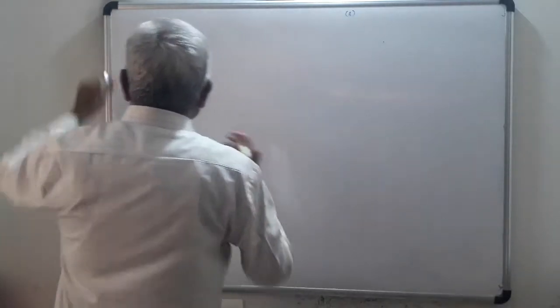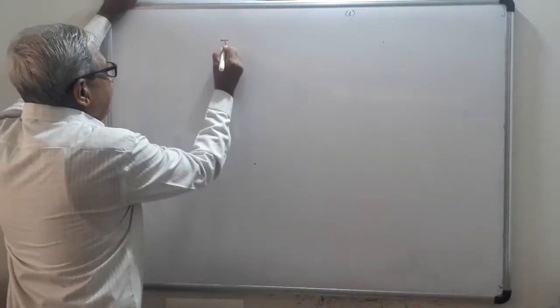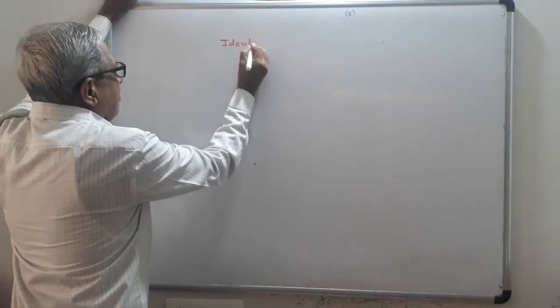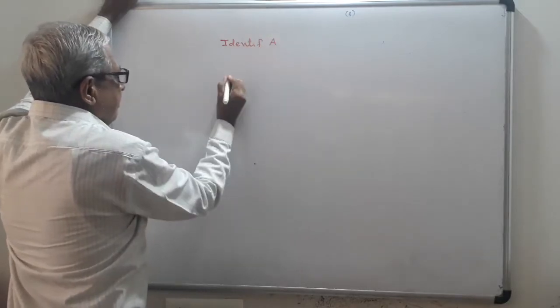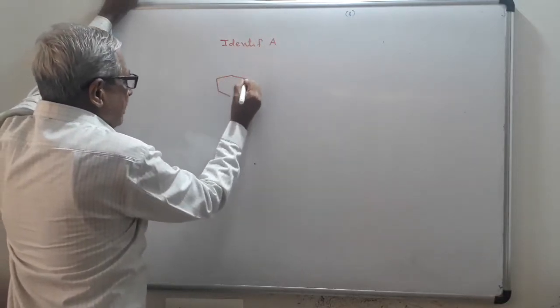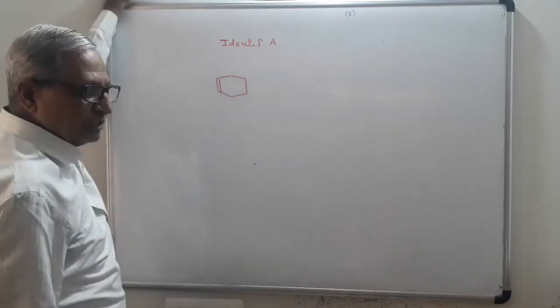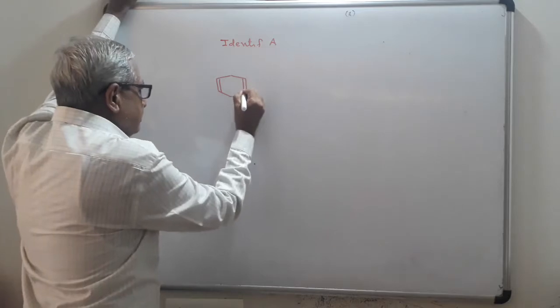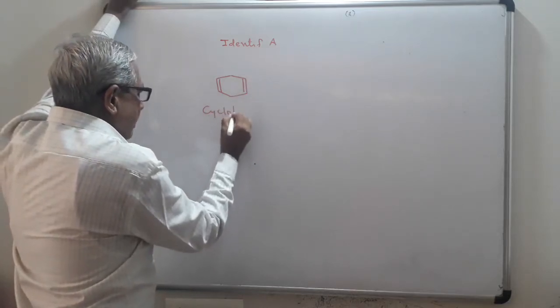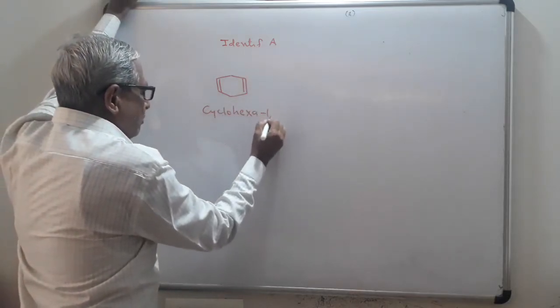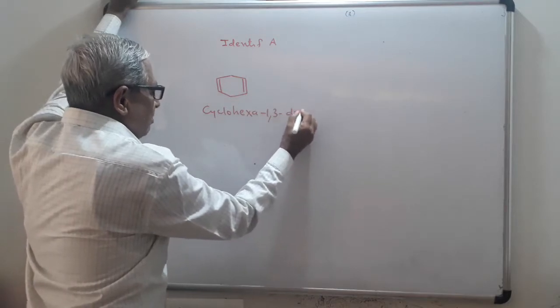The question is like this. Identify A. See, this is your cyclohexene. This is cyclohexa-1,3-diene.